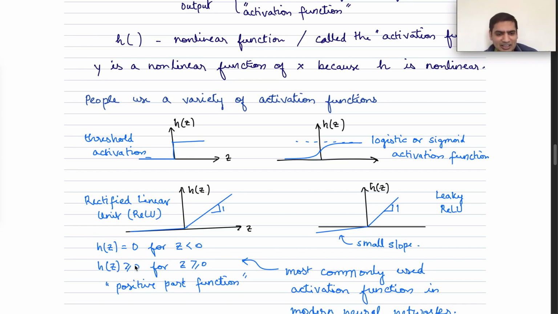I should say this should say h of z equals z for z greater than or equal to 0. I'll post a correction on the notes that I post.